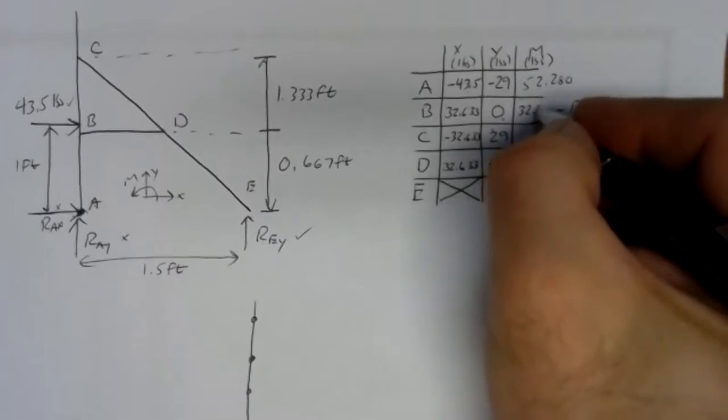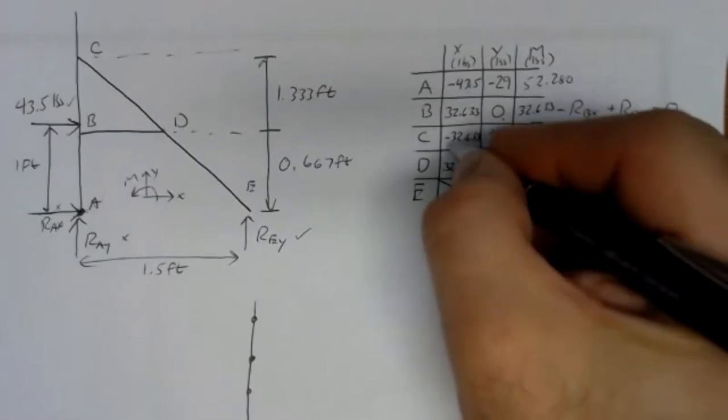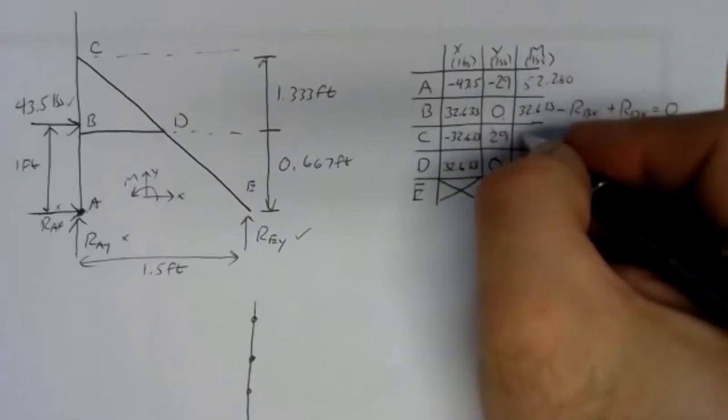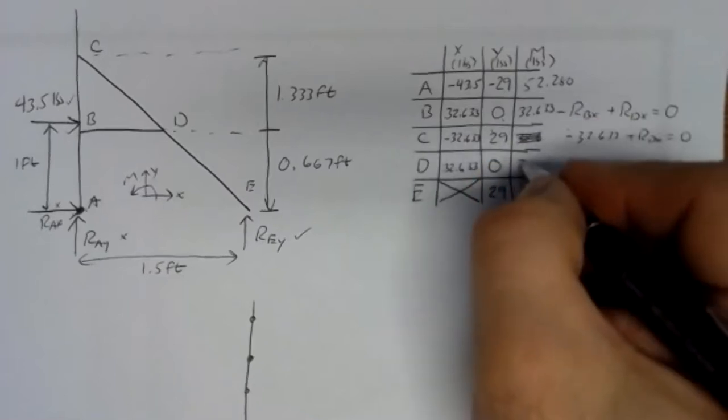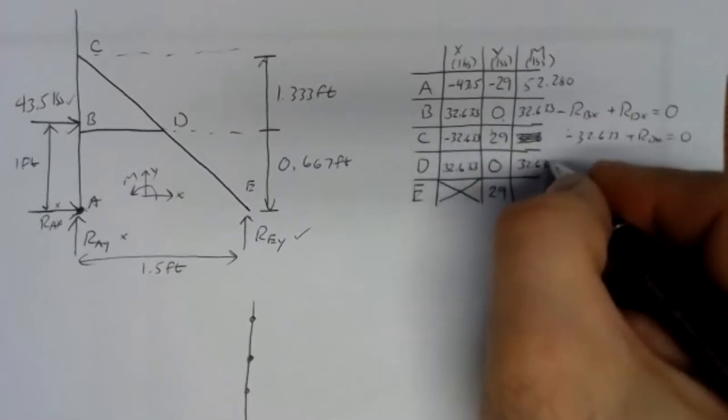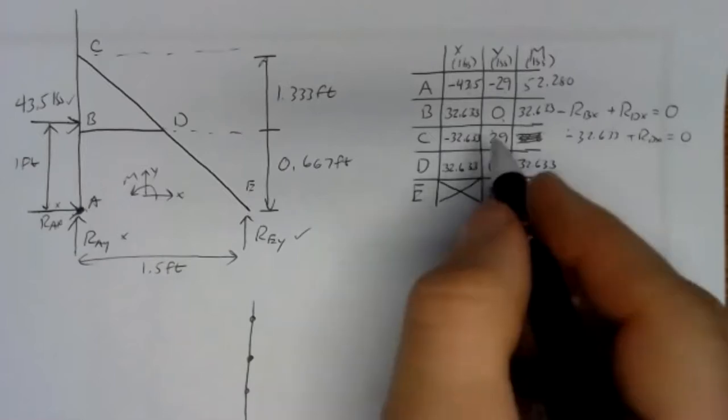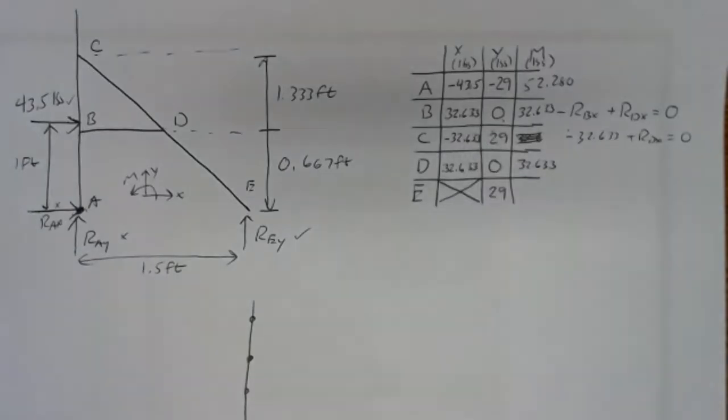So we have 32.633. Just lose the negative sign. Magnitudes are always positive. So 32.63. Oops, not that one. Sorry. This one, 32.633. Here we've got 32.633 squared plus 29 squared, square root.